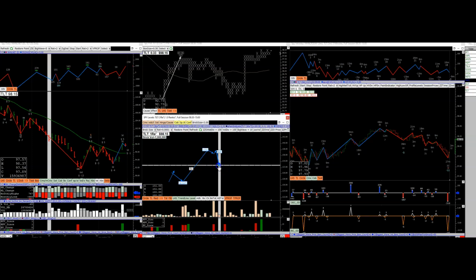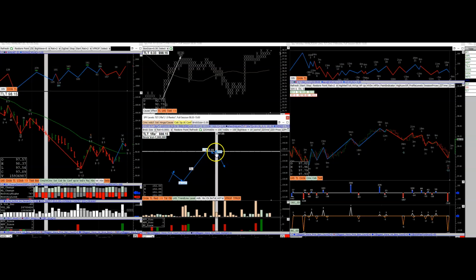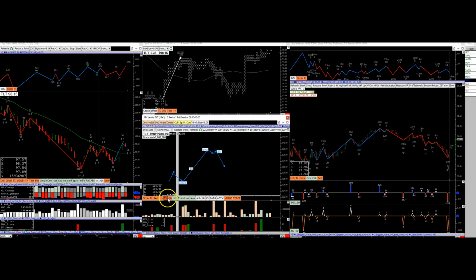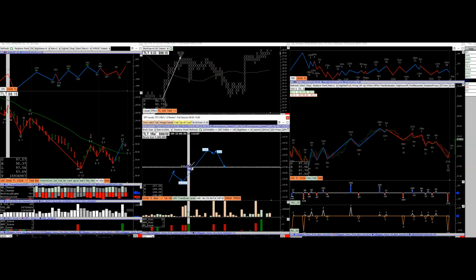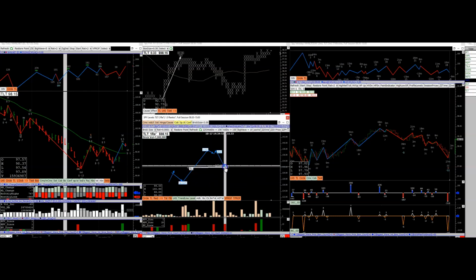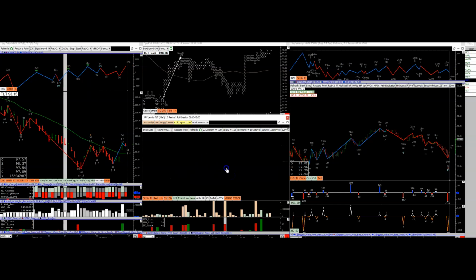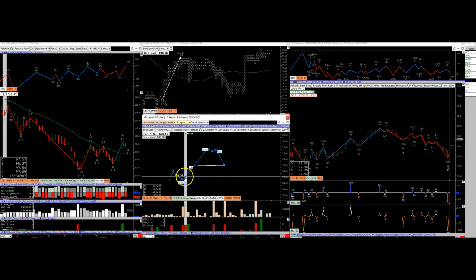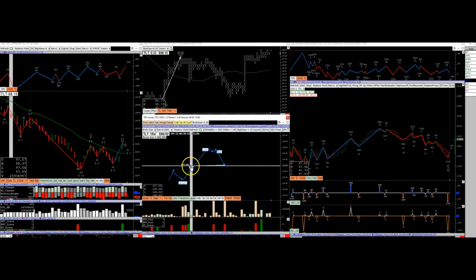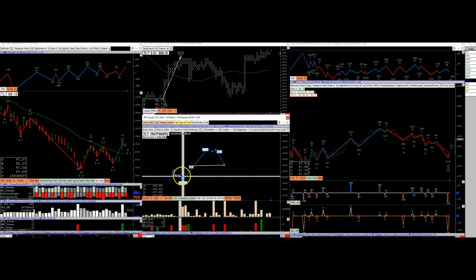Similarly, on the way down, you will have distribution over here on the rotation down. And now the question is, where will it go? Lots of times it will just test the breakout brick. But a lot of other times, especially if it's a small wave, there will be a tendency to go down to the accumulation brick. So the two spots where the pullbacks test are the breakout brick and an accumulation brick.